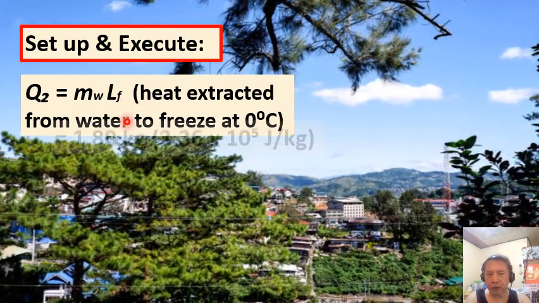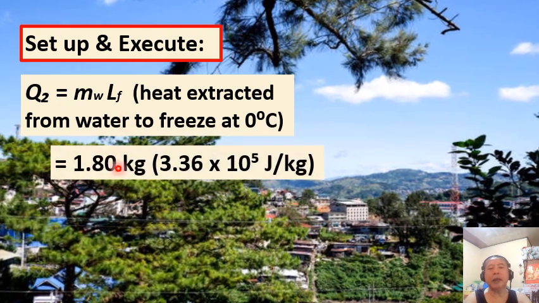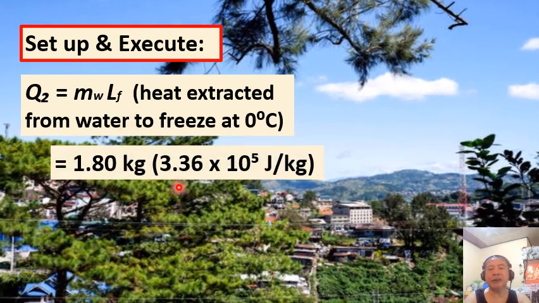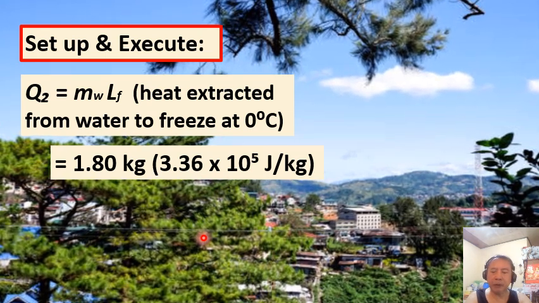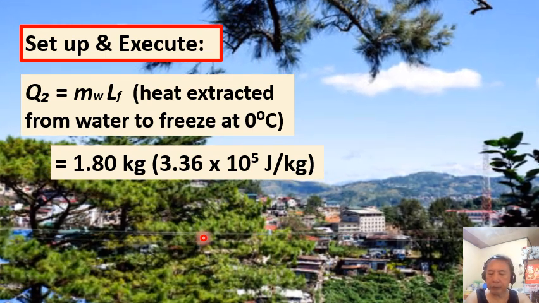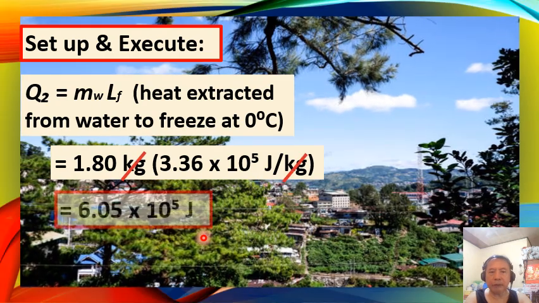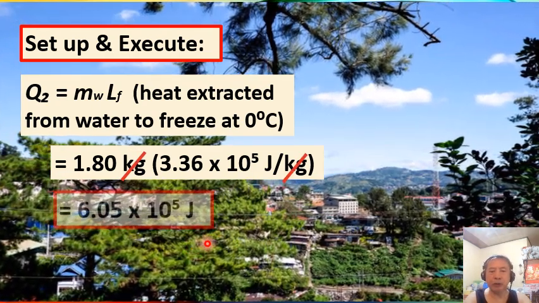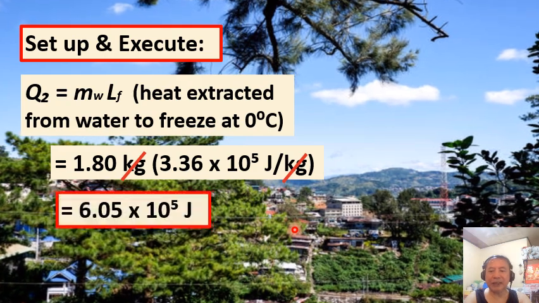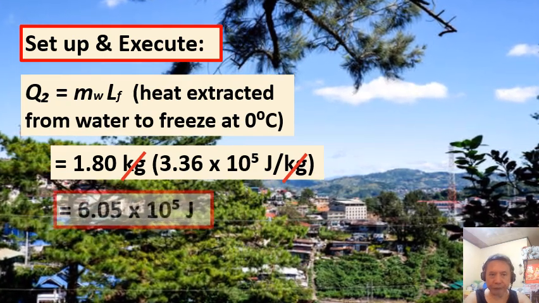That is, Q sub 2 is equal to 1.80 kilograms times 3.36 times 10 to the fifth power joules per kilogram. So, multiplying, we get the value of Q2 equal to 6.05 times 10 to the fifth power joules, also in three significant figures.